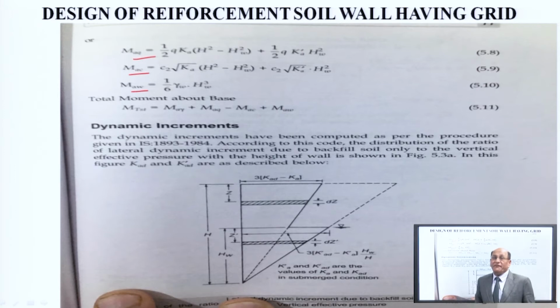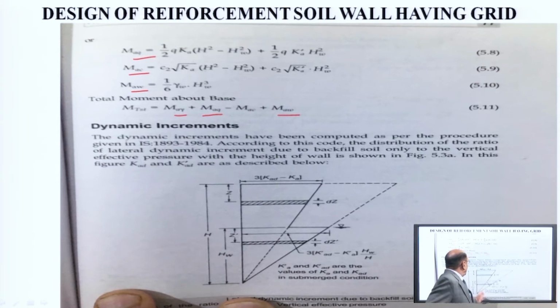Finally, we will get the total moment about the base, MTST, which will be equal to MAY plus MAQ minus MAC plus MAW. So this is the static case that we have.